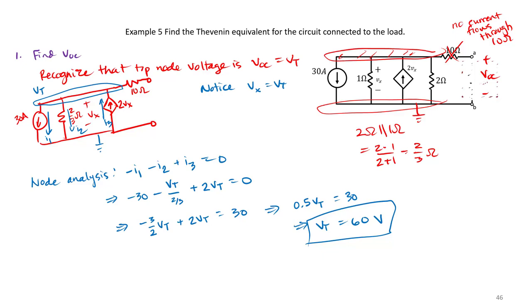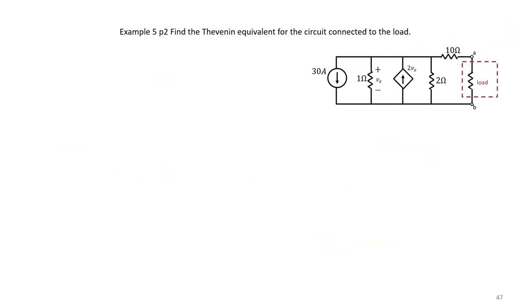All right. Next, we need to find our Thevenin resistance. And notice in this case, we do need to include the dependent source. So we've got to be careful there. But actually, this question is otherwise fairly straightforward.